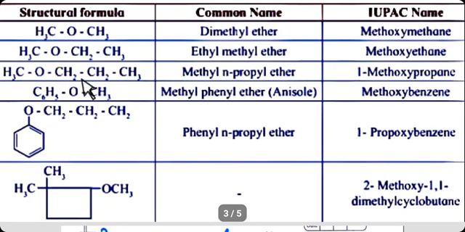Next one, as there are more than 2 carbons on one side of the oxygen atom, numbered as 1, 2, 3. So it is 1-methoxypropane.